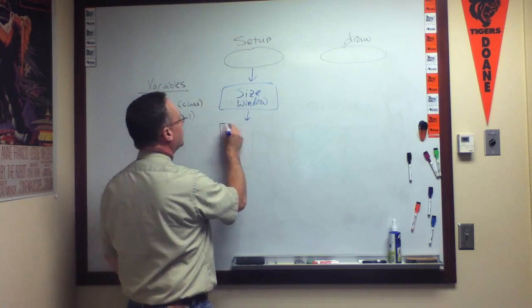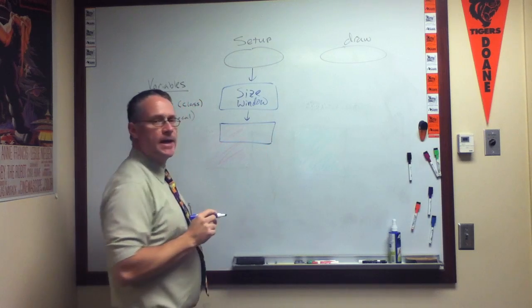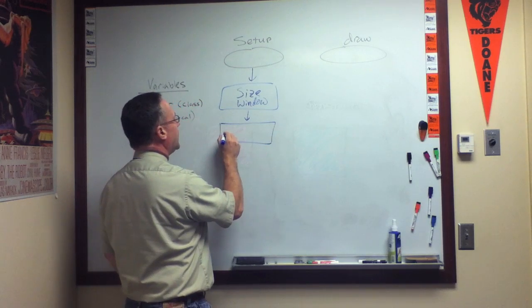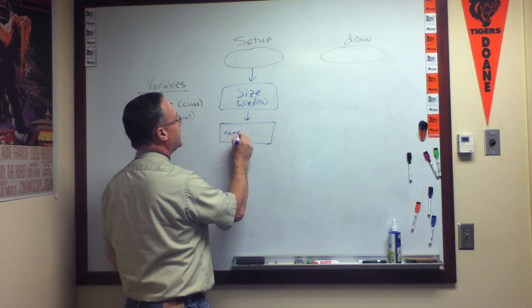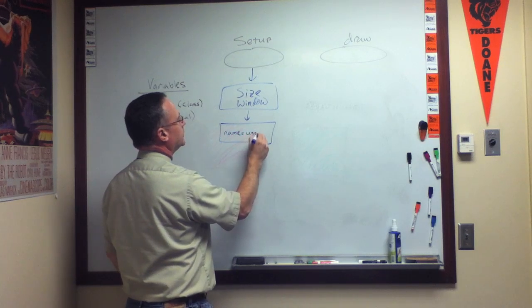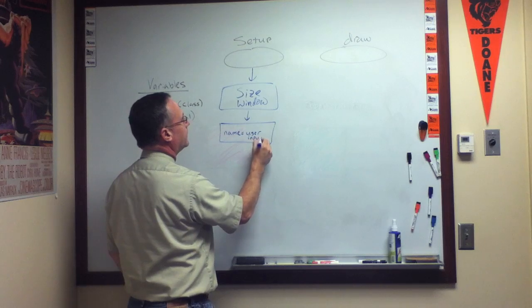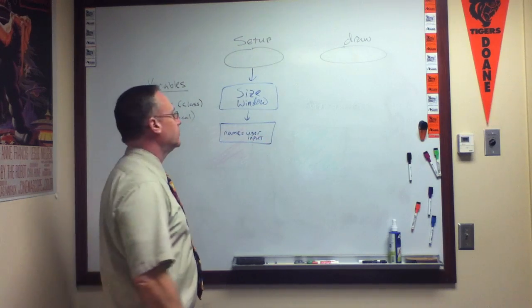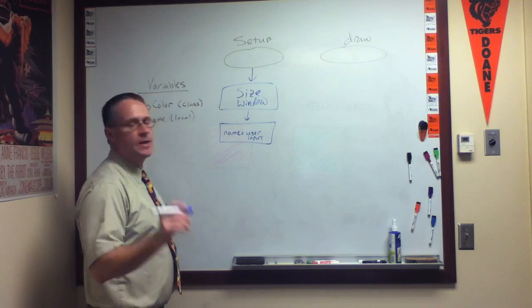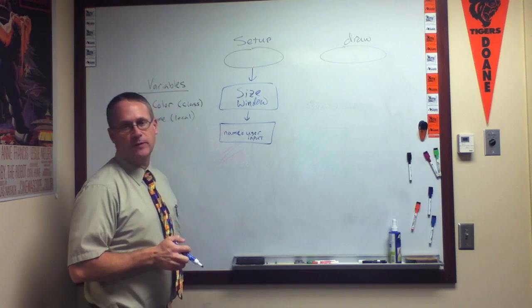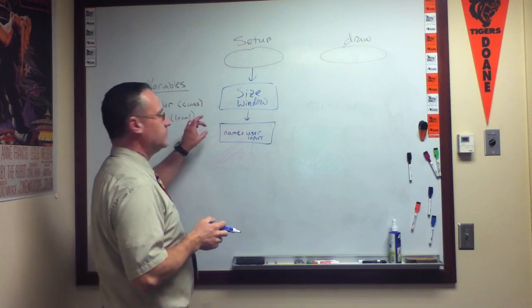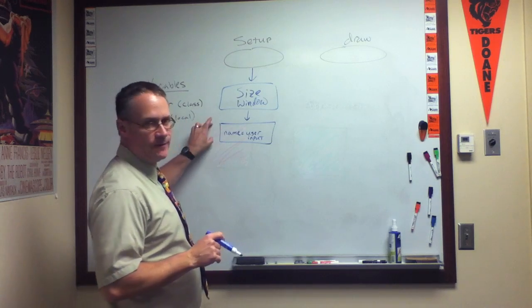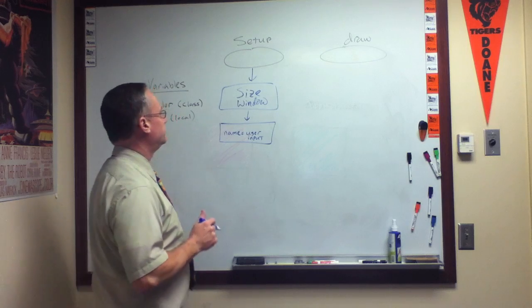I'm going to abbreviate that and just say something like name equals user input. We know that we'll actually use a JOptionPane dialog box to get that information in, but for right now we can abbreviate. We know how to do that. In code, we'll implement it, but in our design we just say that we have to do it.